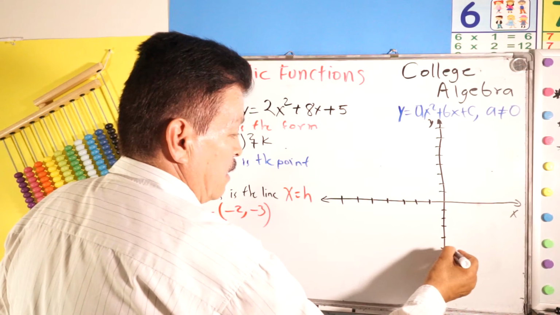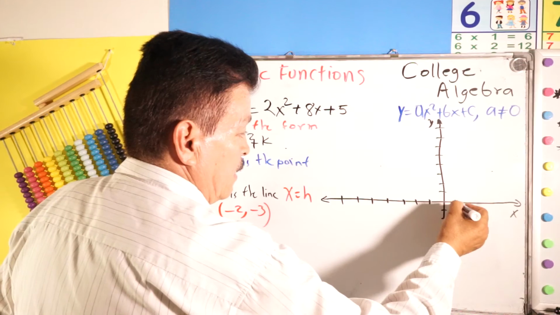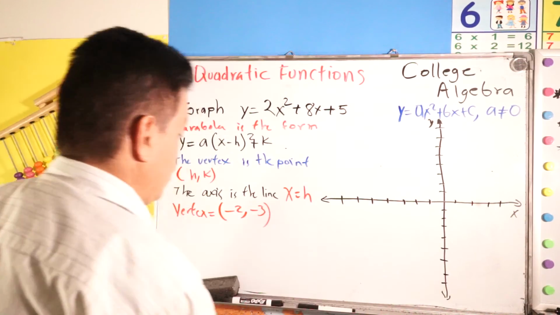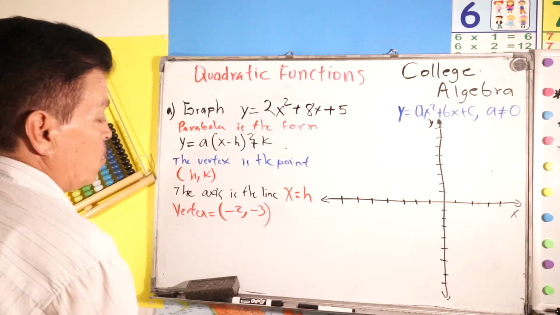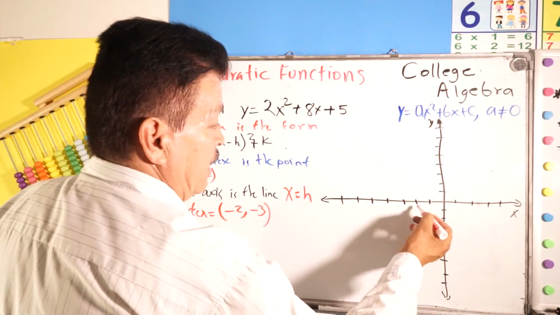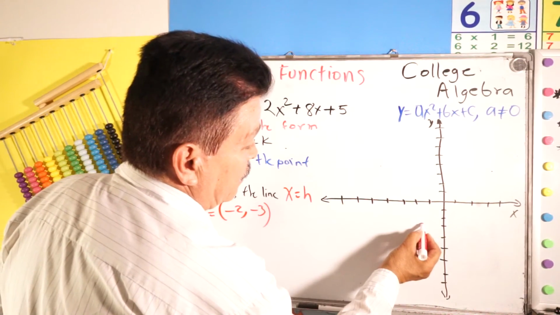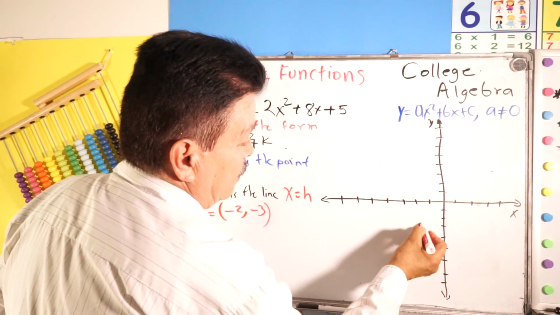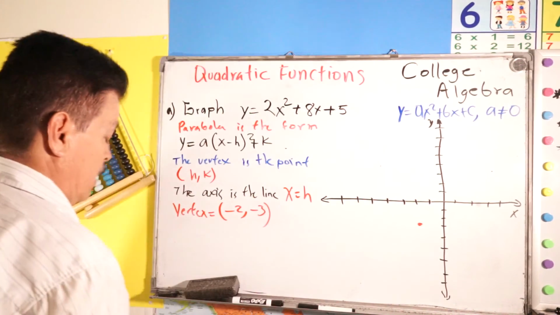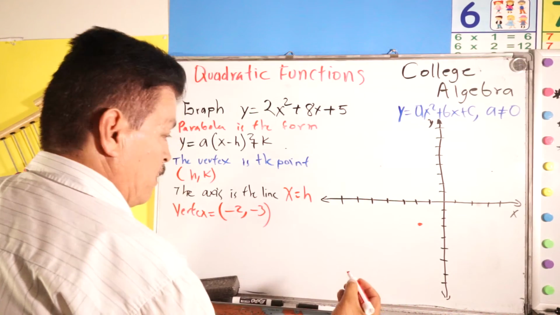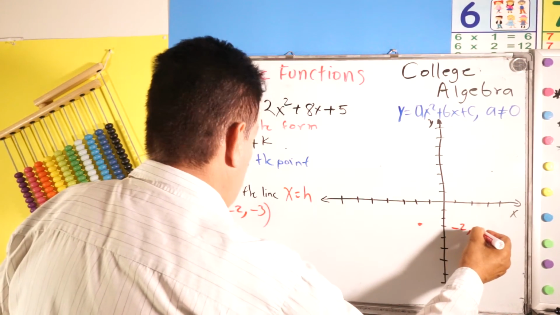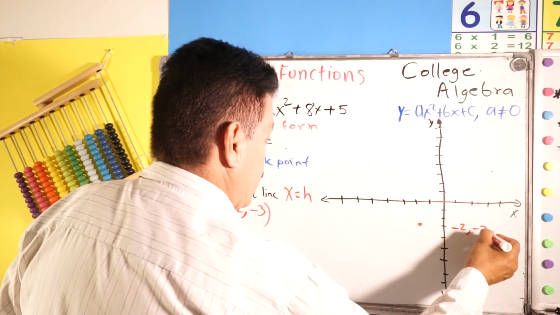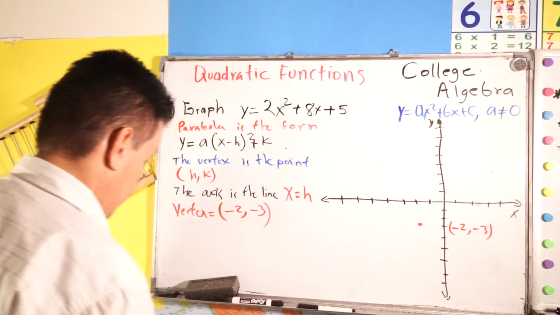Now let's mark our vertex. Our vertex is (-2, -3). Right here, this point is (-2, -3). We have the vertex right there.